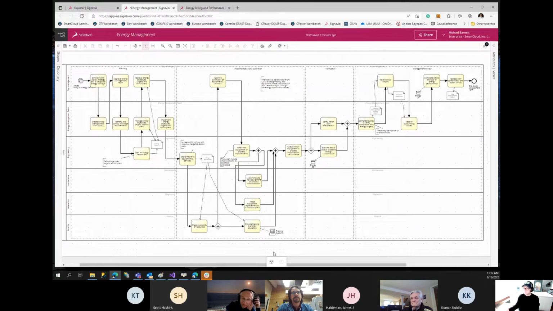Are there any aspects of energy management that could be, well, that's a little bit too big of a piece perhaps, or evaluate actual versus expected energy consumption.